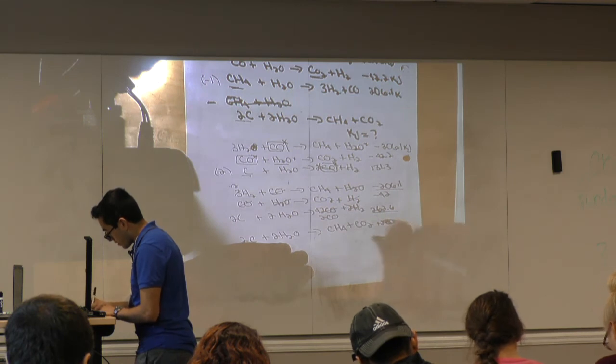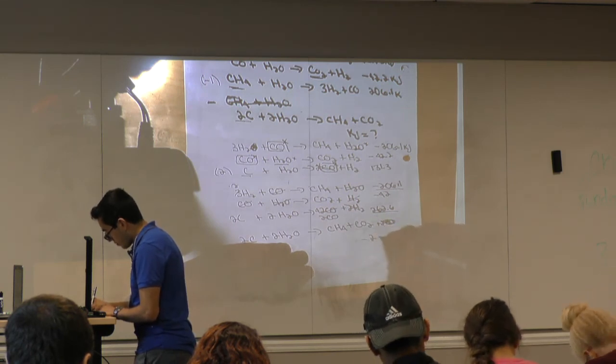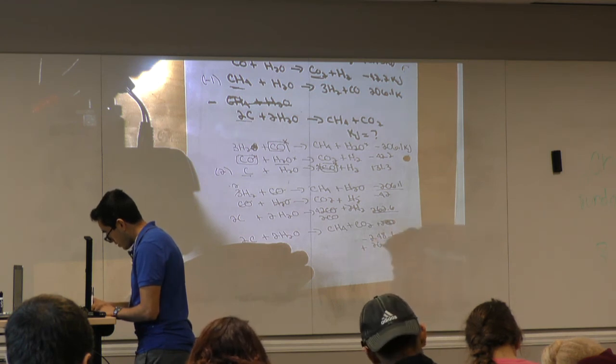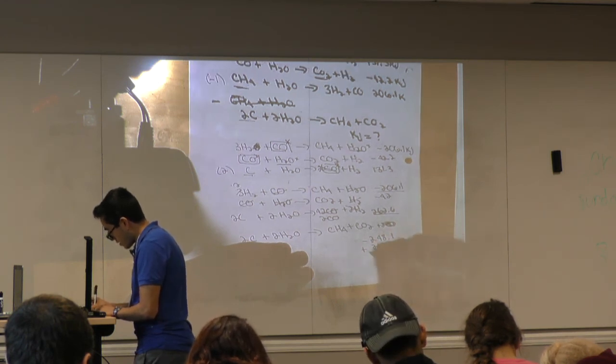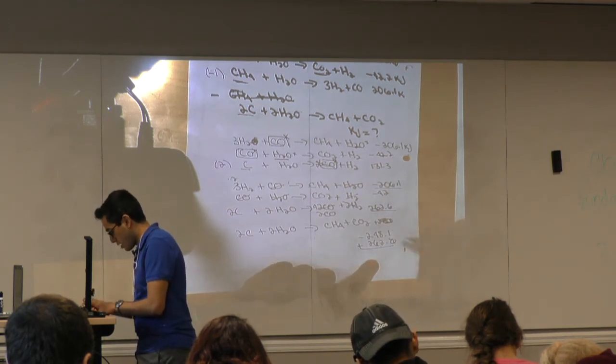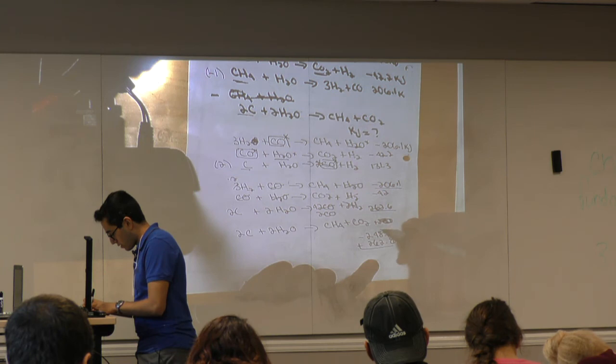So you get negative 248.1 plus 262.6, and so you subtract them, you will get 7.